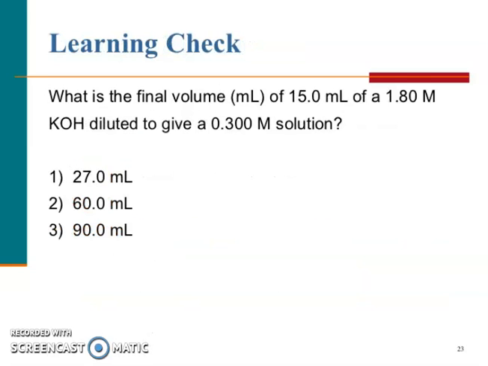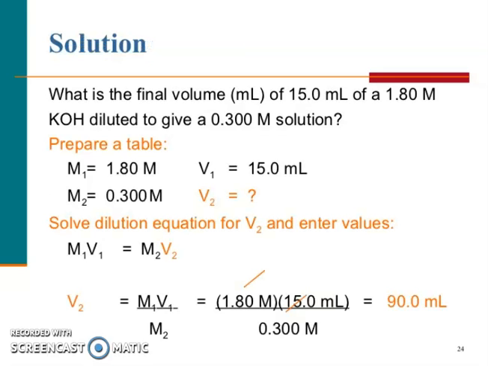So my friends, learning check. What is the final volume in mL of 15.0 milliliters of a 1.80 molar KOH, potassium hydroxide, diluted to give a 0.300 molar solution? Prepare the table: M1, V1, M2, V2.